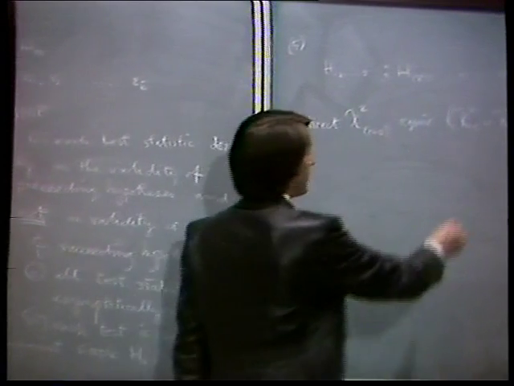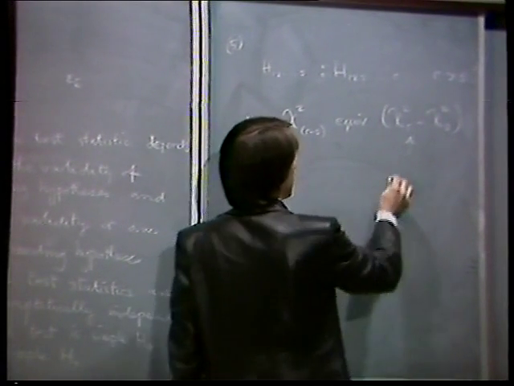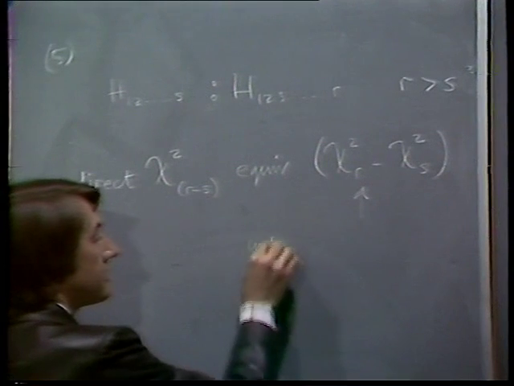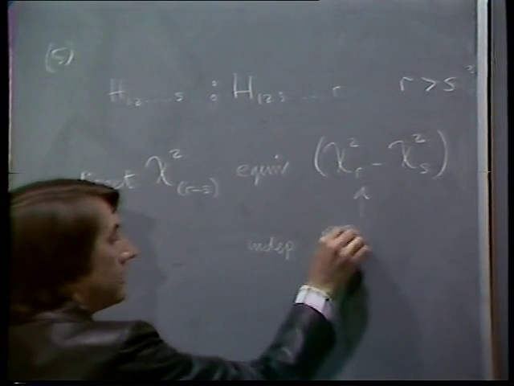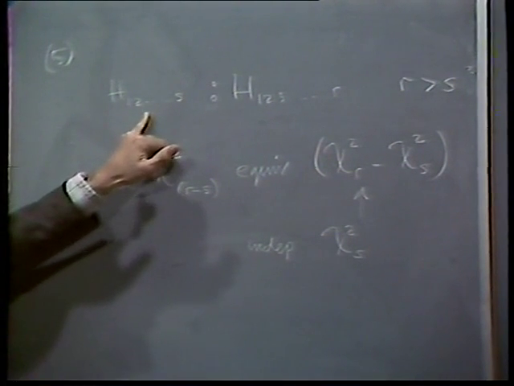And furthermore, this test statistic, which is the increments in the values of the chi-squared, is independent of chi-squared for S restrictions. In other words, the test statistic for this first hypothesis.